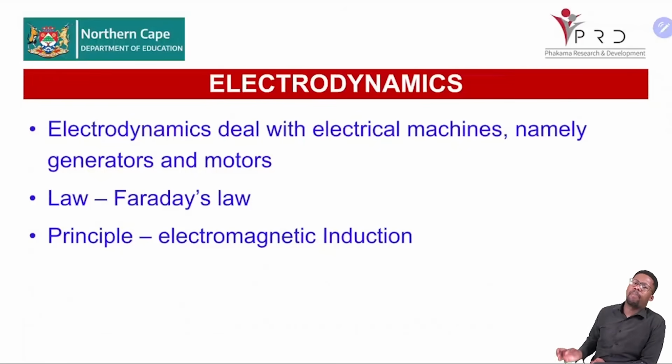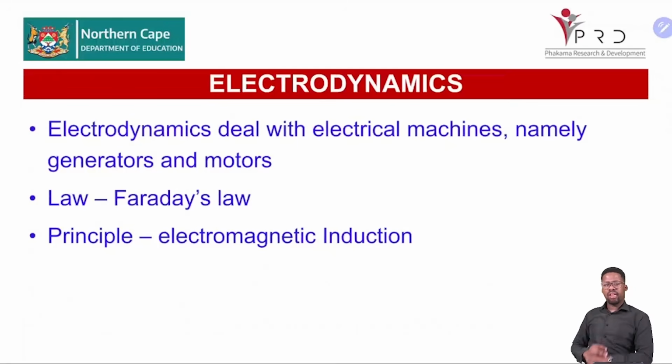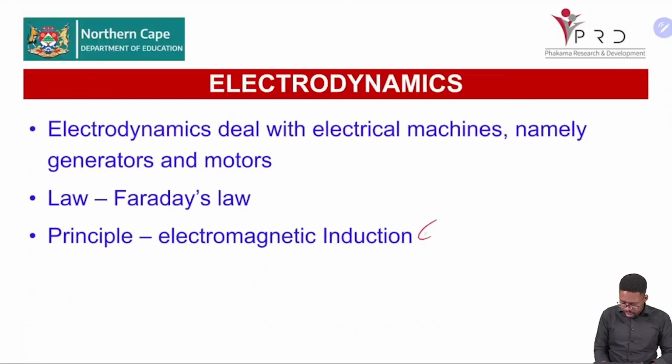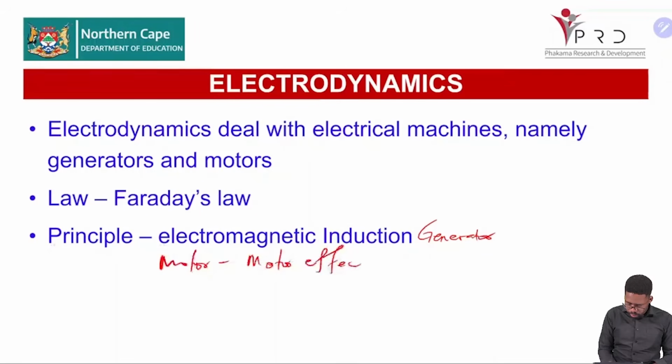But when they say principle, that's where things change. If we are dealing with a generator, then the principle at which a generator functions is electromagnetic induction. So this one is for the generator. But the principle for the motor is going to be motor effect.